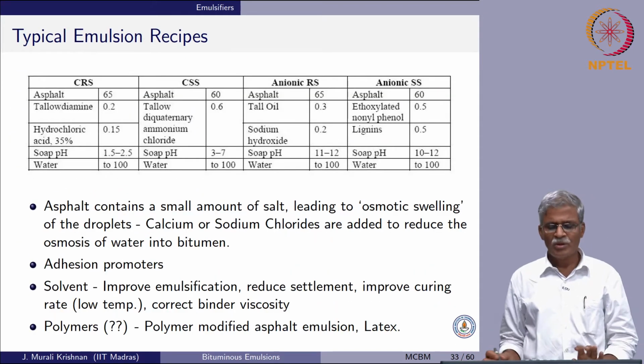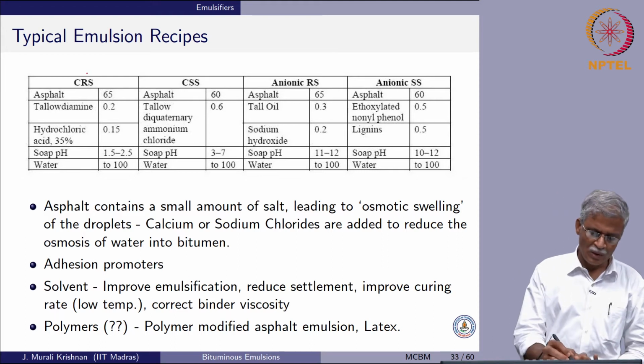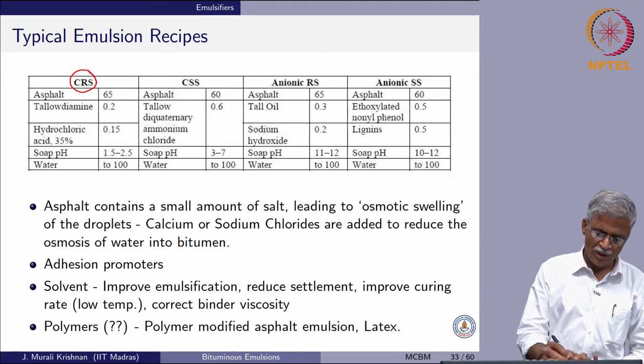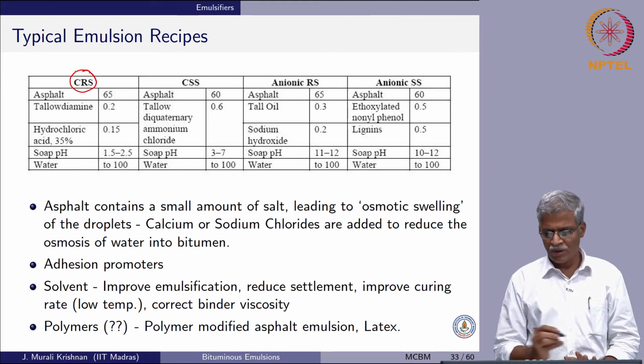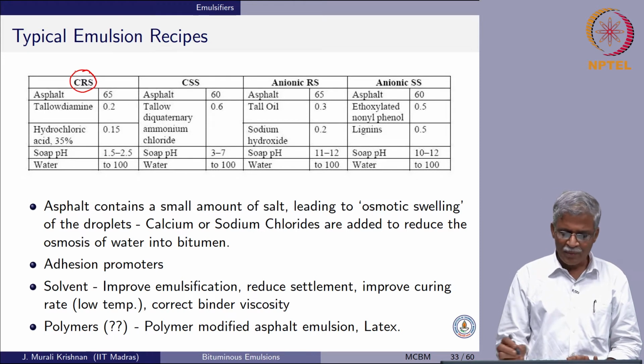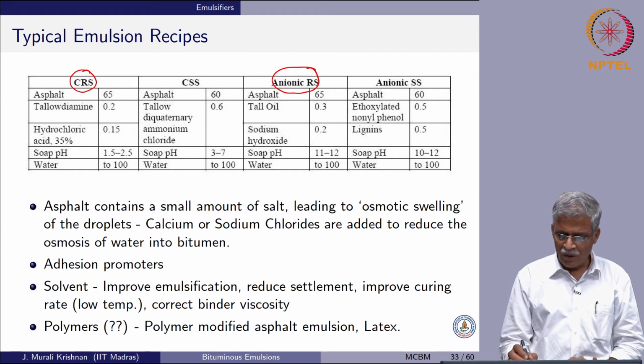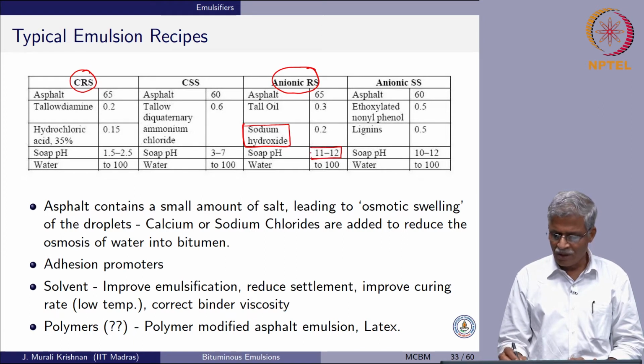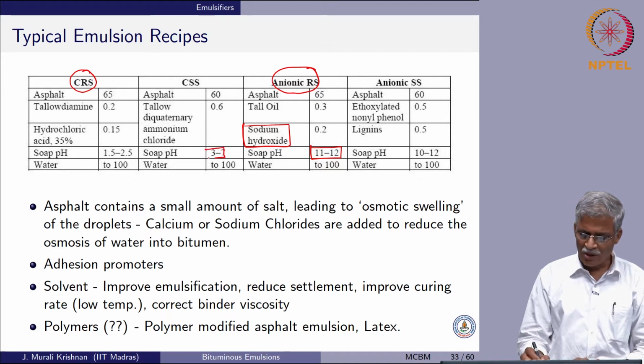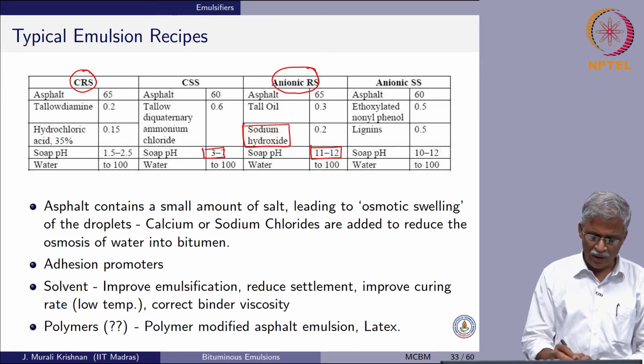So, these are the typical emulsion recipes that we were looking at. I summarized these two things, CRS, cationic rapid setting, similarly anionic rapid setting. What really is the difference? This is the difference, the pH that you are looking at.